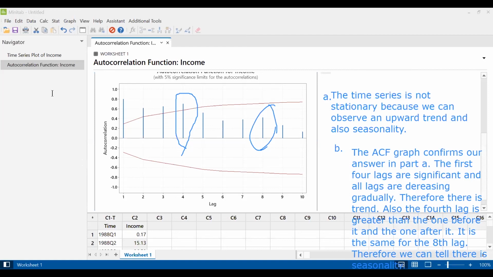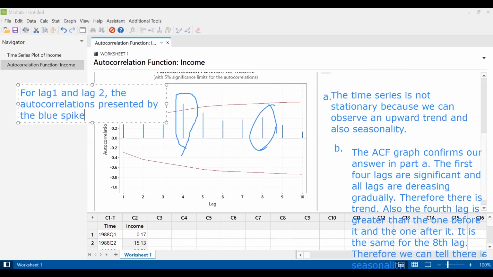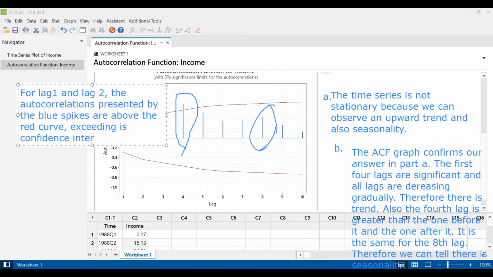Since we are doing the test using the graph in comparison with the 2 red curves, we can say for lag 1 and lag 2, the autocorrelation spikes represented by the blue spikes are above the red curve, exceeding the confidence interval.